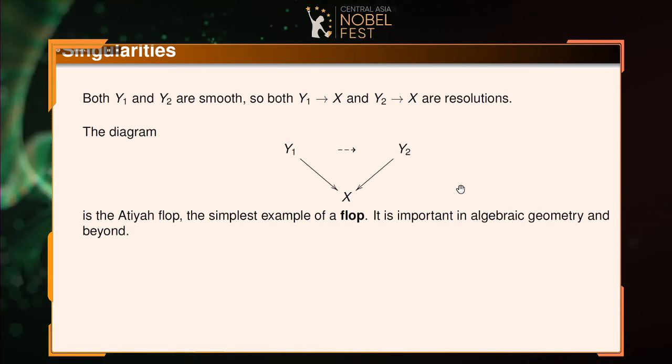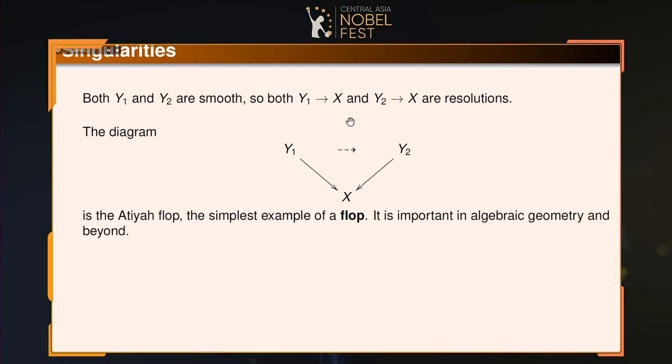But this diagram that we get, if we forget about the W here, is something which is called an Atiyah flop. And this is an example of a very important operation in algebraic geometry. There is a more general operation called flip.